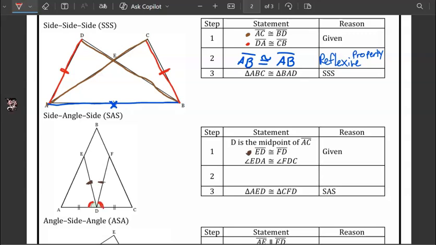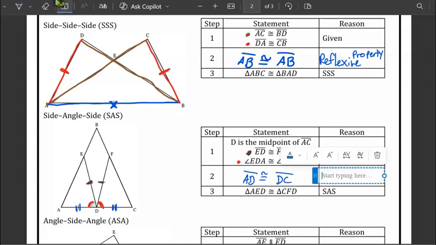Now, because this is the midpoint, we could say that line segment AD is equal to line segment DC. So we'll write line AD is congruent to line DC. And then our reasoning is because a midpoint divides a segment into two congruent segments.